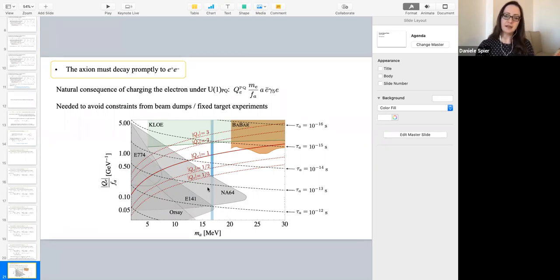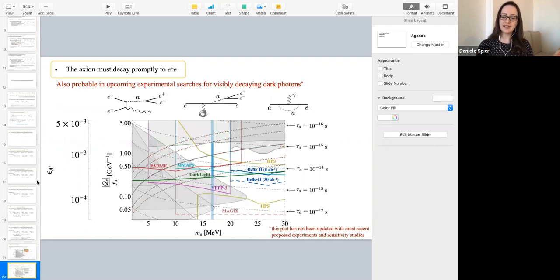But you see, at 17 MeV, you still have all of this parameter space indicated by this blue band that remains open. And it's compatible with PQ charges of the electron that are perfectly natural. They range here from 1/3 to about 2. And so there are no experiments that probe this axion coupling to electrons precisely in this range that is favored by this variant of the QCD axion.